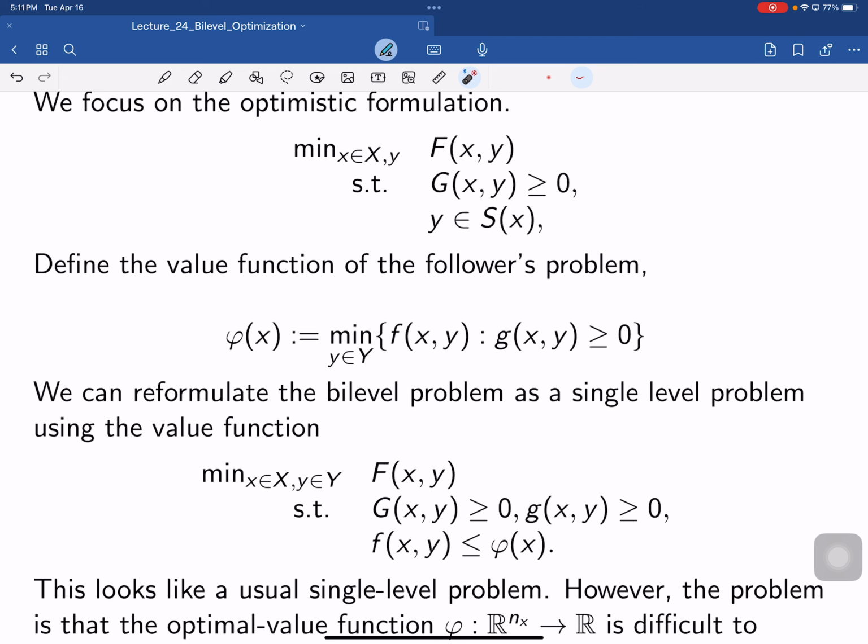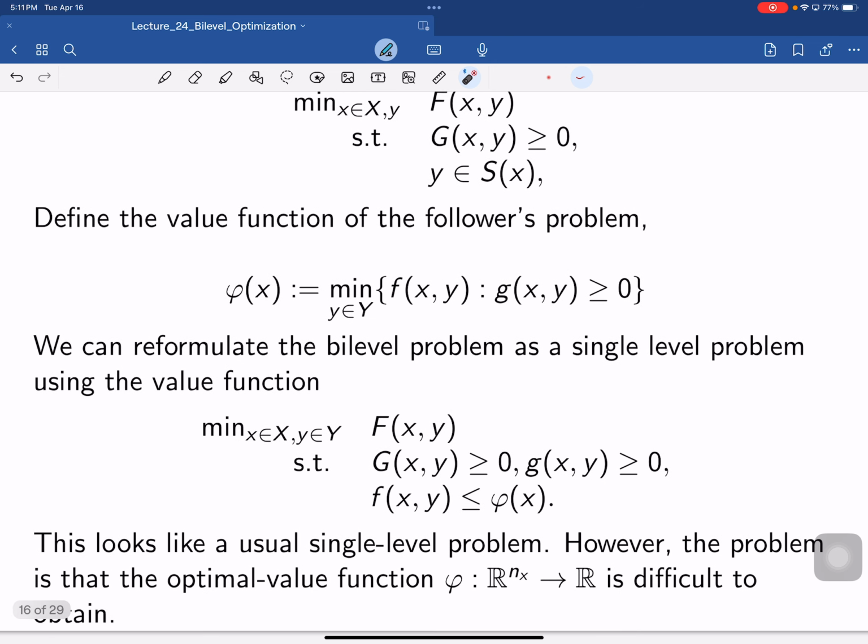This is a subtle point here. Recall that phi of x describes the optimal value of the follower's problem for a given x. I'm going to make a claim that the rational set S of x is nothing but the set of all the y's where, first, y has to be feasible, and second, y has to be optimal.